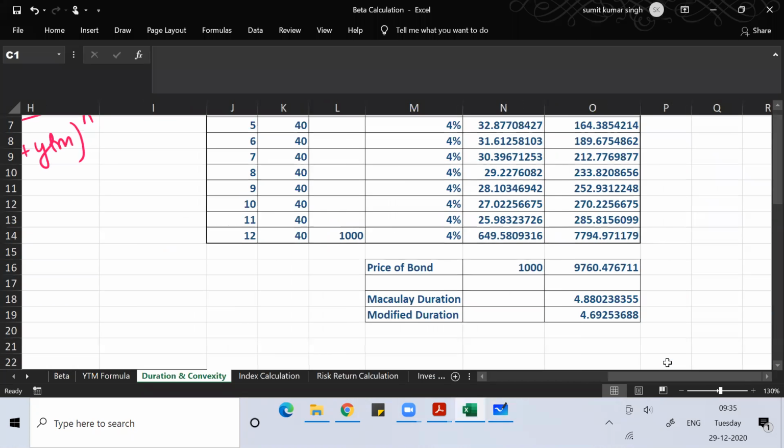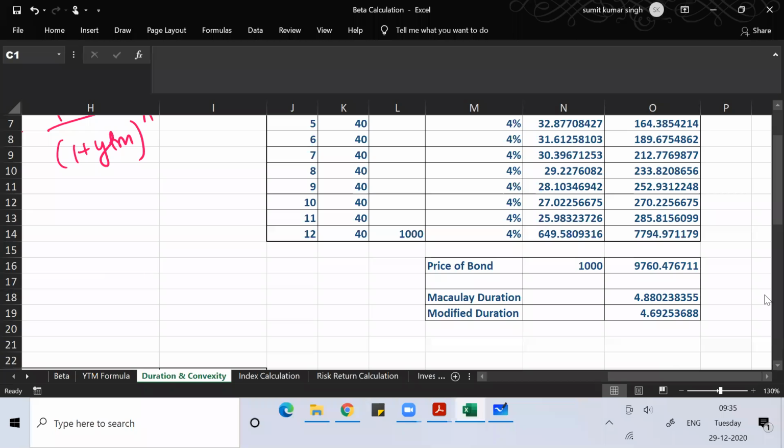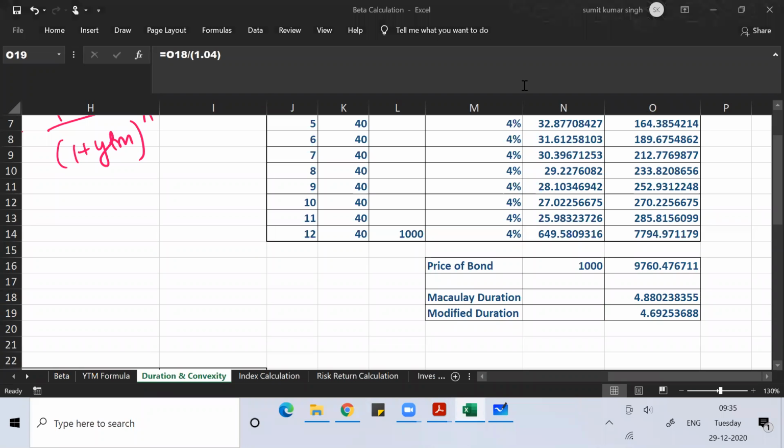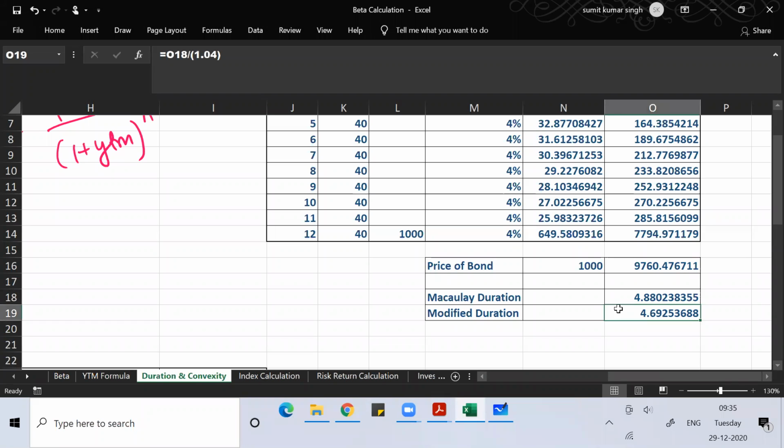So once you get the Macaulay duration, what you get if you divide the Macaulay duration by the rate of interest is the modified duration.